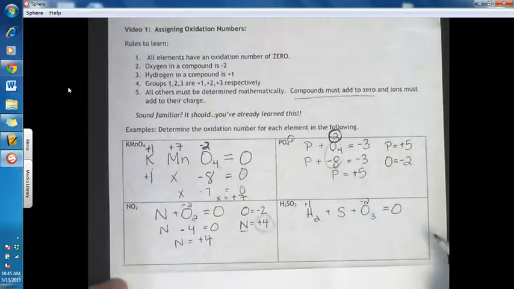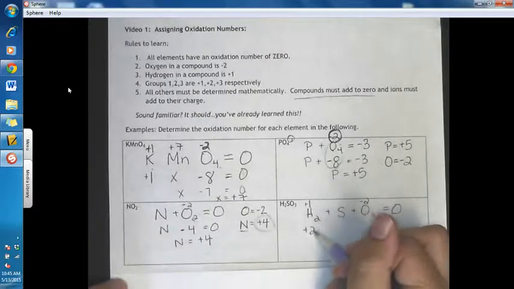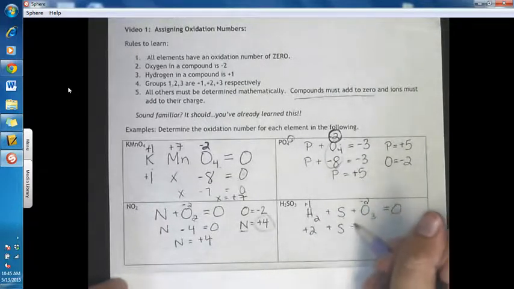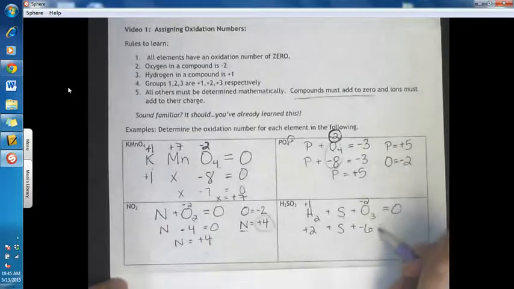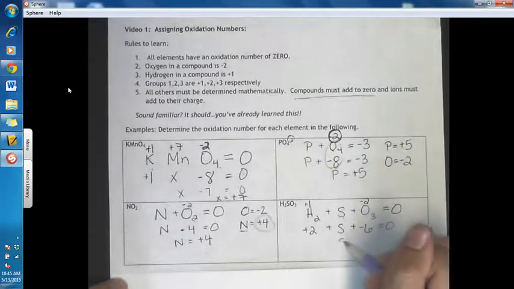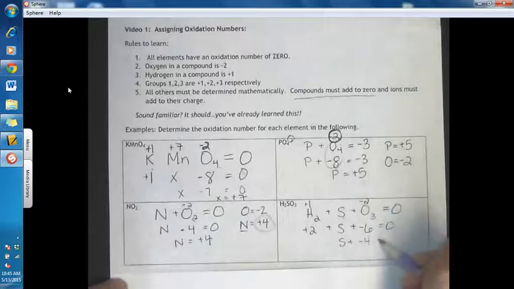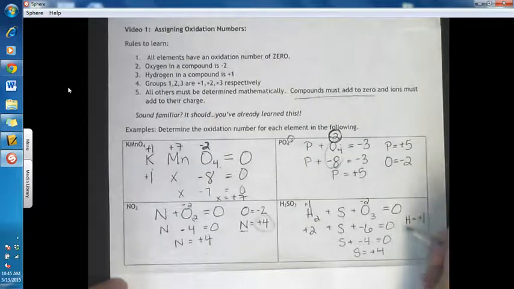We don't know sulfur. Plus 2 plus sulfur plus a negative 6 equals 0. Sulfur plus negative 4 equals 0. So sulfur equals positive 4. Hydrogen was +1, sulfur +4, oxygen -2.